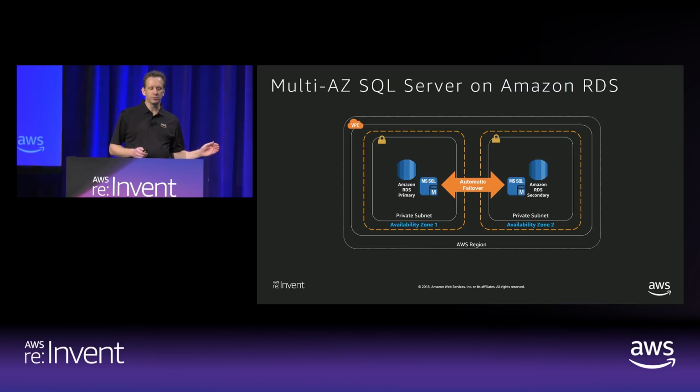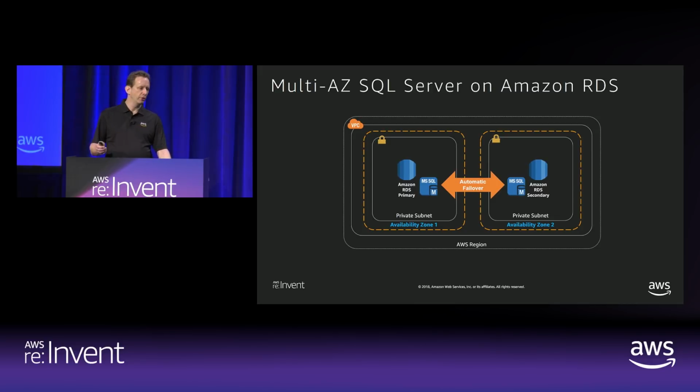So what this means is we're giving you the capability of an automatic failover, but not just to another server in the same data center. We're giving you automatic failover to another server that's miles away. So even if there was a localized disaster in one data center, you have that level of disaster recovery along with that high availability.